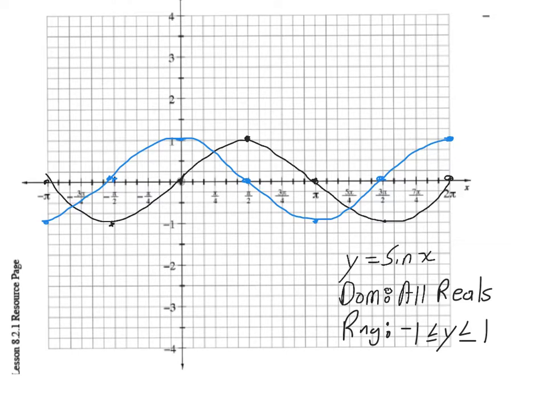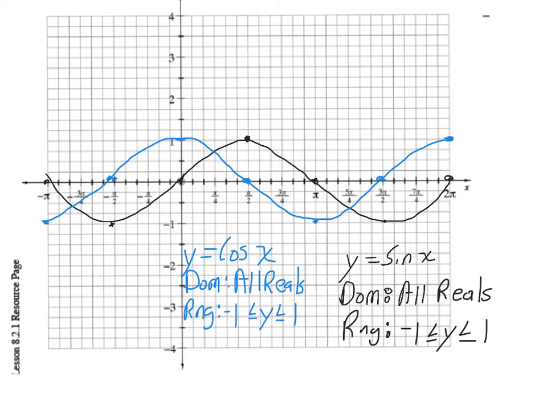Now for y equals the cosine of x, our domain is all reals. And the range: y is less than or equal to 1, greater than or equal to -1.